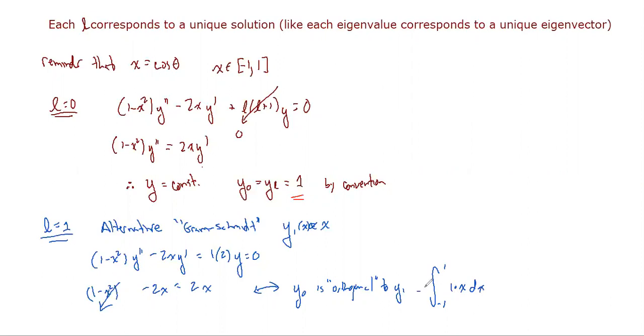This would be true even if we have a minus 1 in front of it, any sort of constant. The integral of this vanishes. So the overlap of y naught and y1 is equal to 0. This is the functiony way of saying that y1 dot, in some sense, y naught is 0. So their inner product vanishes.